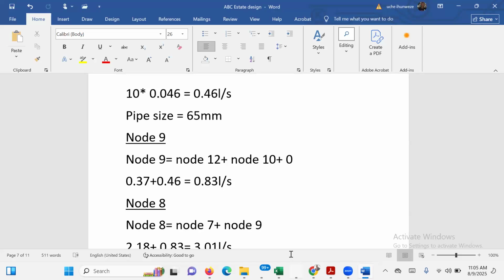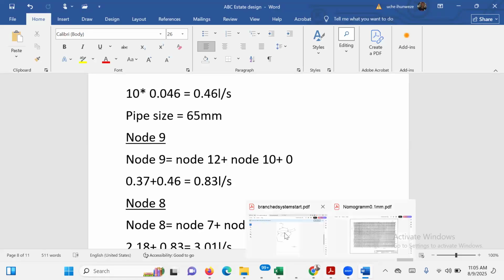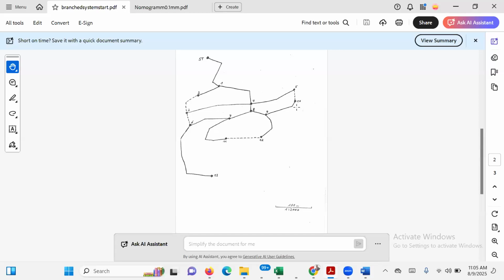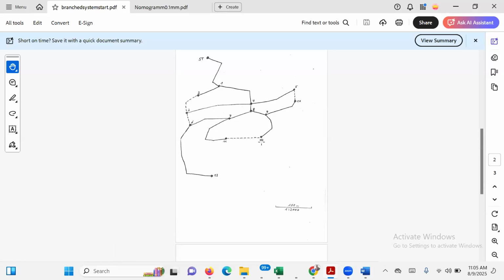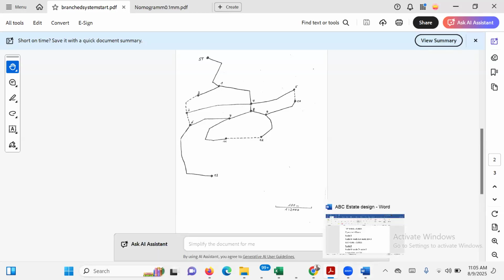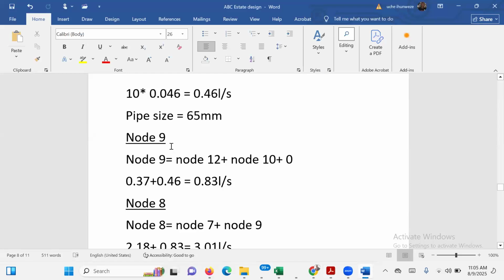But now, if you come to node 9, node 9 will now be node 10 plus node 12. And maybe if there's anyone between 8 and 9, but there's none. So node 9 simply means node 10 plus node 12. So here you see node 9 is equal to node 10 plus node 12, and that will give you 0.83. 0.83 means the same nominal size.